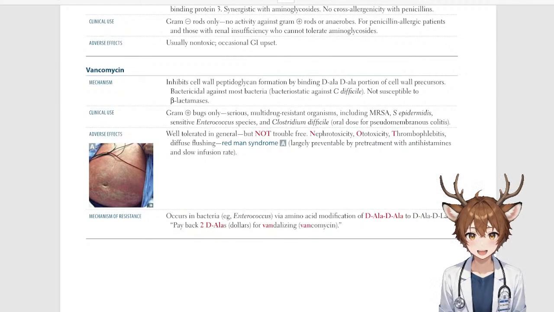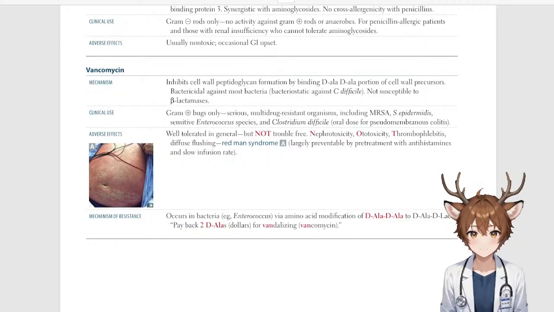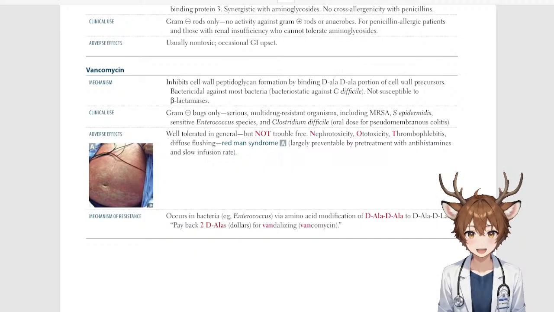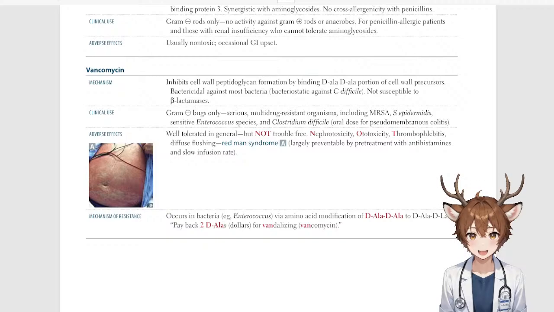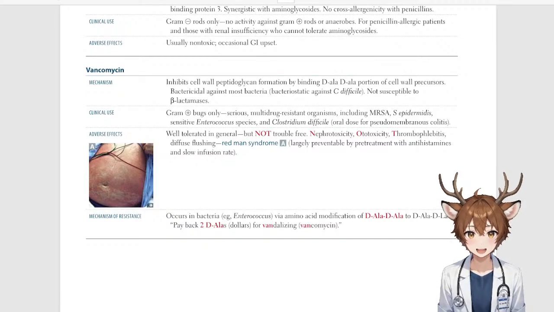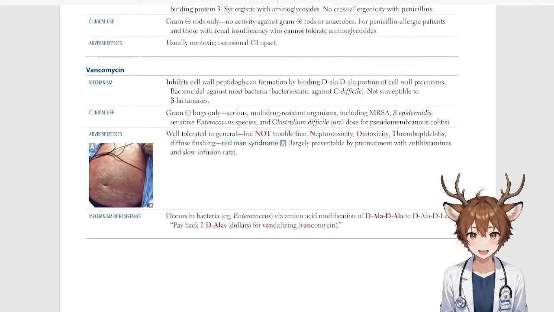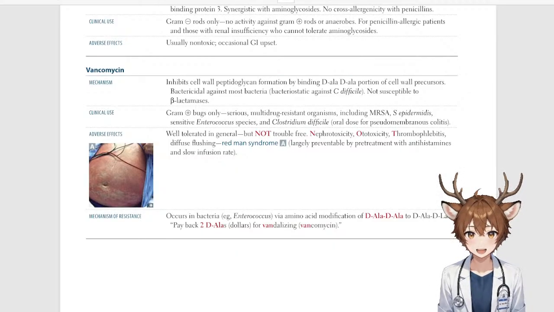Pay back $2 for vandalizing vancomycin. Or in my book it says, if you lack a D-ala dollar, you can't ride on the van, vancomycin. So they switch the D-ala to D-lac, and that prevents it.